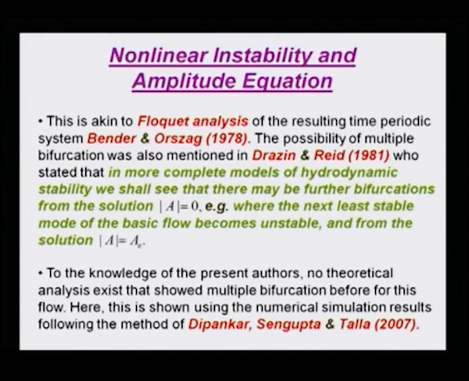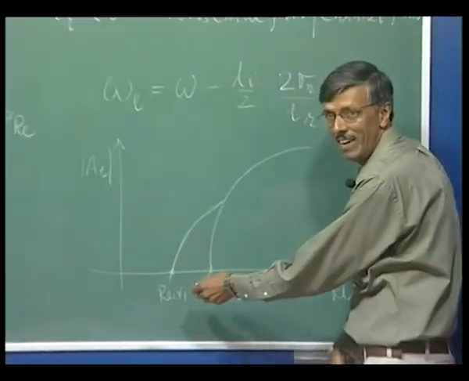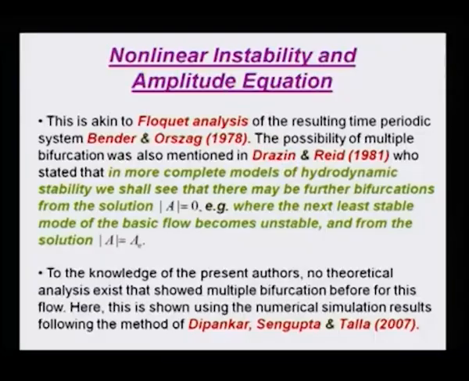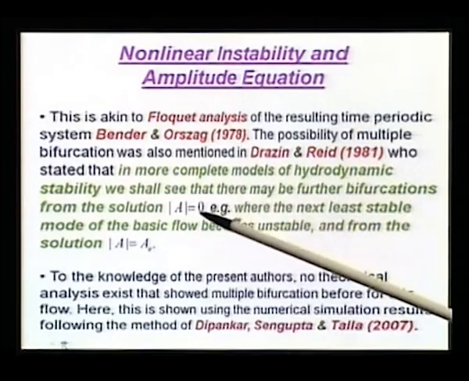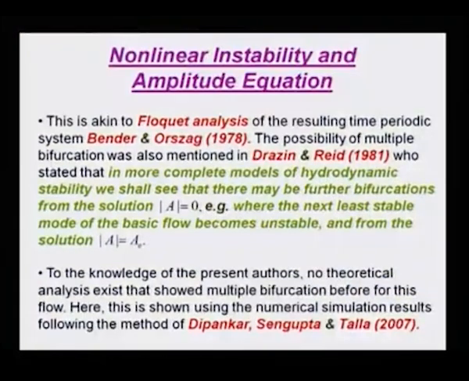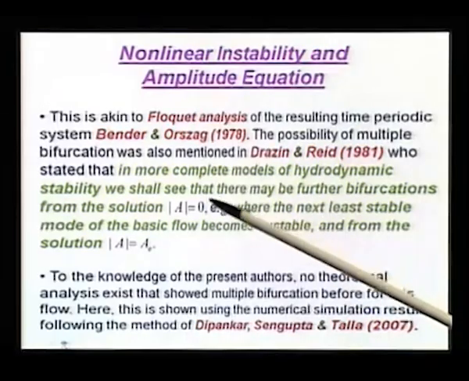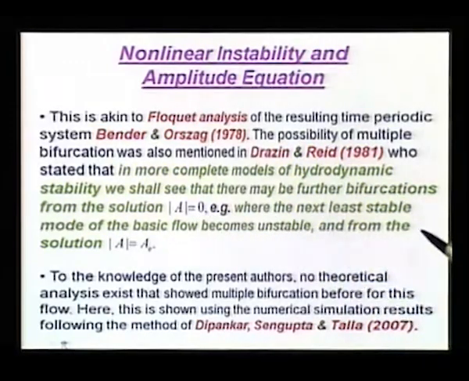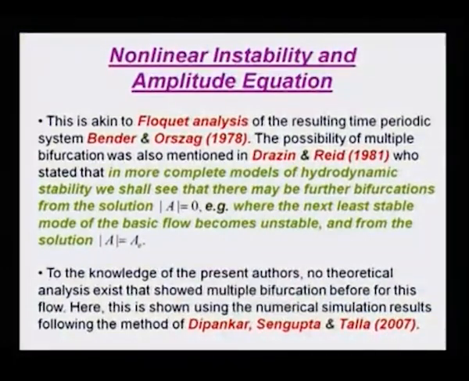That suppose I miss the bus here, I still have A equal to 0, I can latch on to here, and that is what is being said here, that at a subsequently later higher value of parameter, that A equal to 0 would be again susceptible to instabilities, and then you can get higher order instabilities.